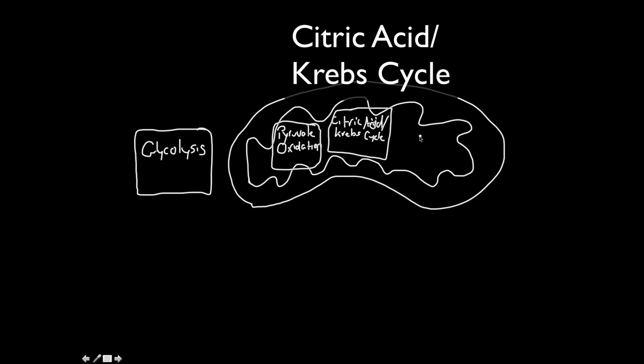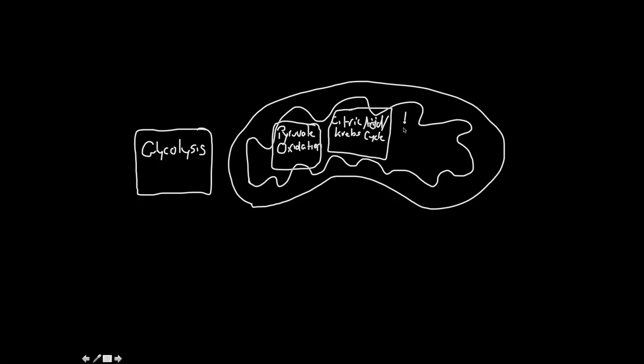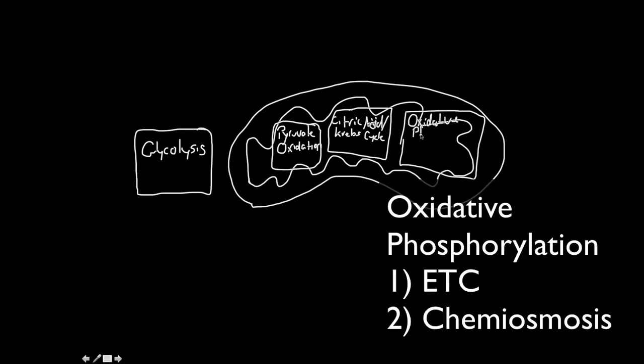And then finally, the last step, I'm going to have it overlap over the inner membrane like this, because the inner membrane is actually involved. It's a very, very important part of this last step. This last step is called oxidative phosphorylation. And it has two parts to it.